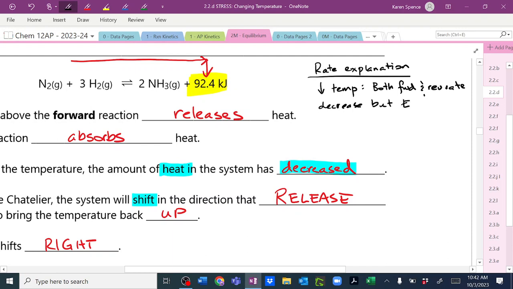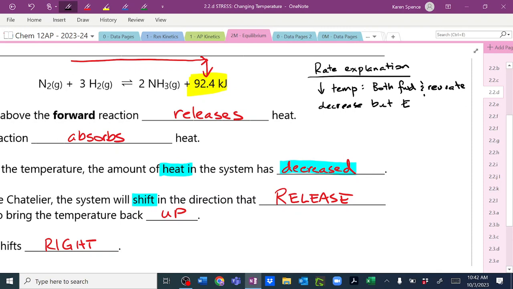No, because the heat is released energy. That's what heat is. Heat is the motion of particles. So if it releases heat, the temperature is going to go back up because the particles are going to move faster. Does that make sense?